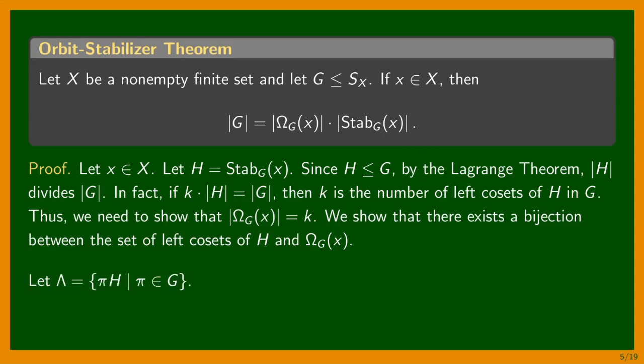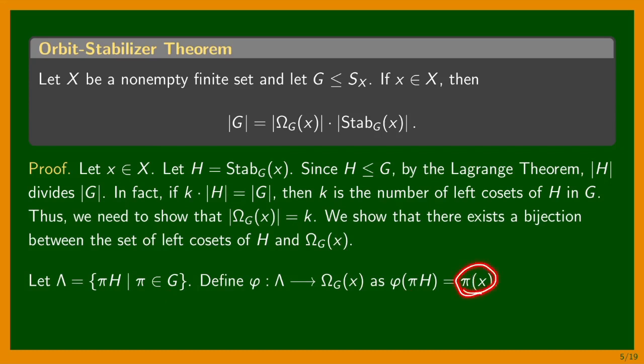Tawagin natin big lambda or capital lambda, the set of left cosets of H in G. So, ito yun. Mga left cosets ng H. Magde-define ako ngayon ng function which is our candidate for the bijection. I'll call it phi to be the map from lambda to the G orbit. The function will send the left coset pi H to, gagawin ko dahil yung pi ay nasa G, i-apply ko siya sa x.